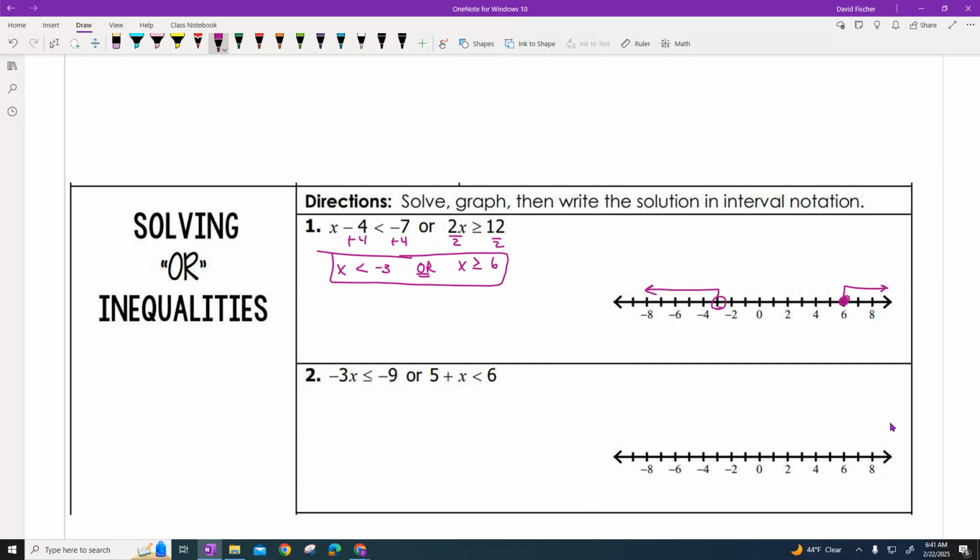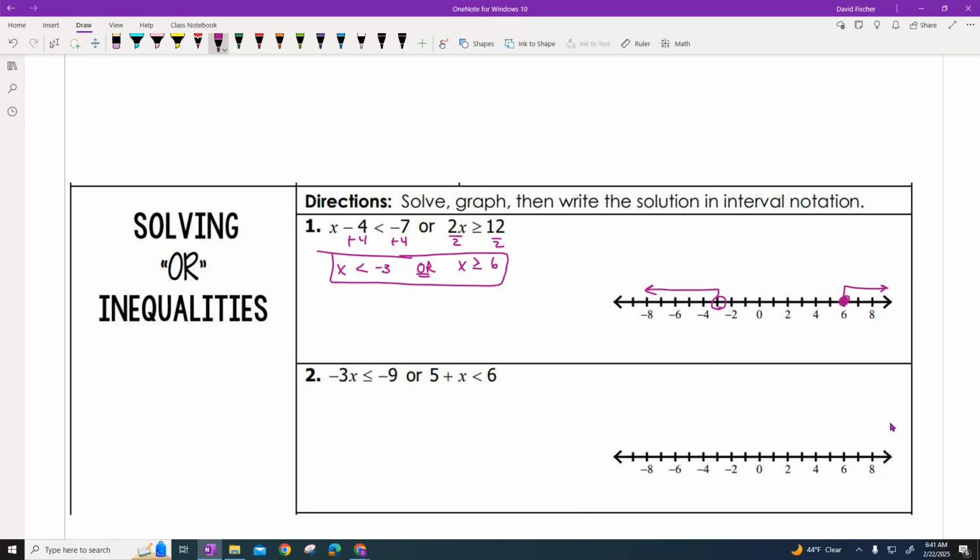So, a couple things. Standard form means the smaller one goes on the left, the larger one's on the right. It just happened to be that way when I did my math and set the problem up. I must have that or statement in my answer if it's an or statement, and then I look over here, my lines should be going the opposite ways. I also look over here, my signs are pointing to the left over here and pointing to the right over here.